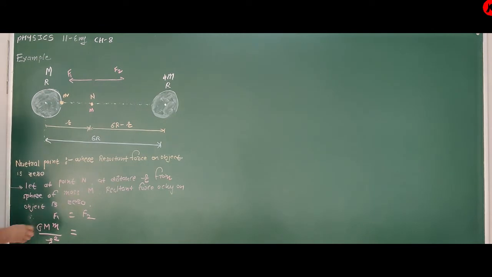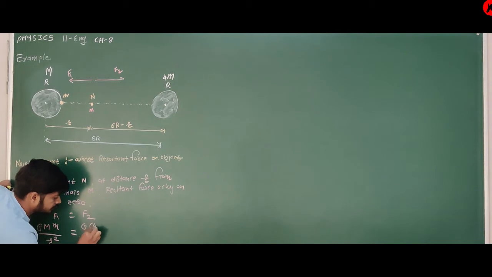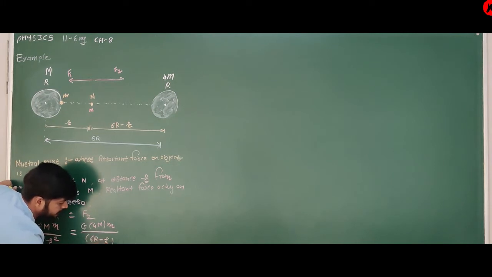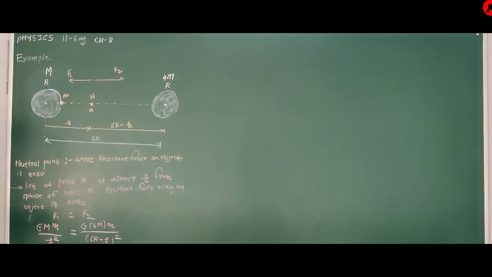So the gravitational force is G 4m m upon (6r minus r) whole square. So G cancels, m cancels, and I can write this term here.